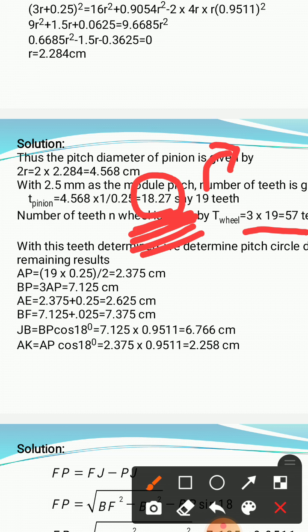Now, with the consideration of the whole number of teeth, 18.27 changes to 19.